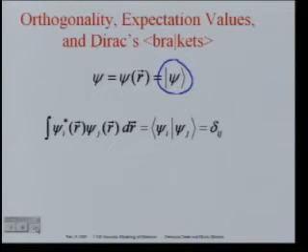It means that when we take the scalar product, that scalar product is going to be either 0 or 1, depending on whether we are taking the scalar product with the wave function itself or with the wave function of a different state. So this delta ij is what is usually called a Kronecker delta. It's a symbol that means this is going to be equal to 1 if i is equal to j, or it's going to be equal to 0 if i is different from j.